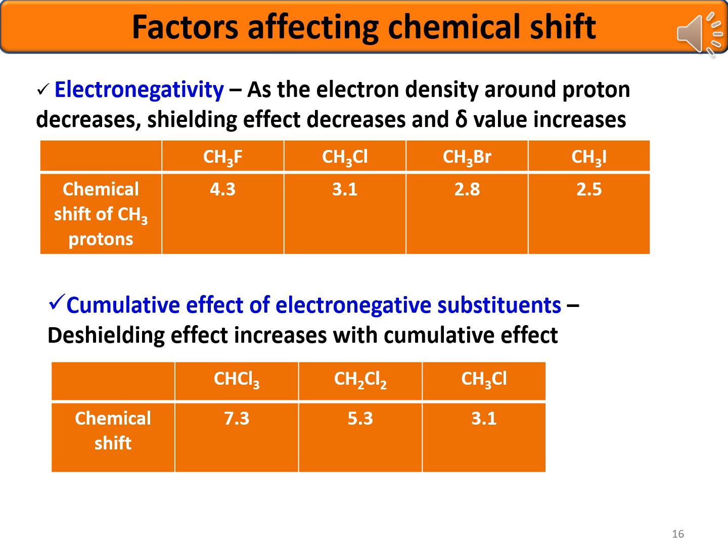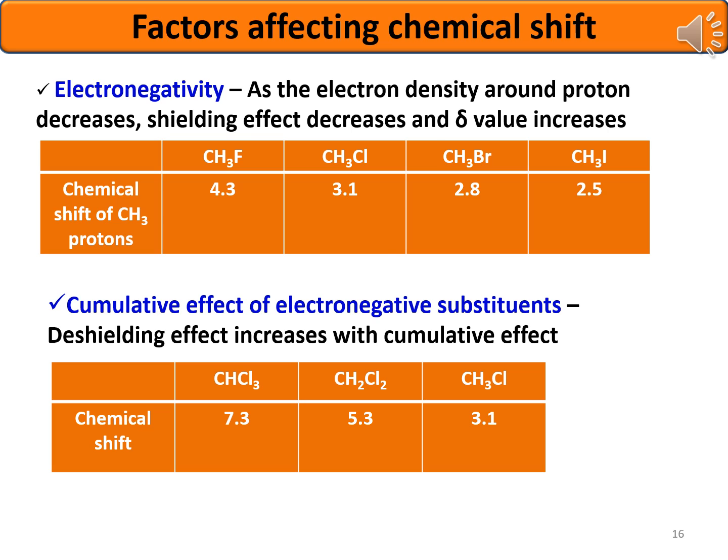There are different factors affecting chemical shift values. The first one is electronegativity. As the electron density around the proton decreases, shielding effect decreases and delta value increases. Consider a CH3 proton in different environments of fluorine, chlorine, bromine and iodine.